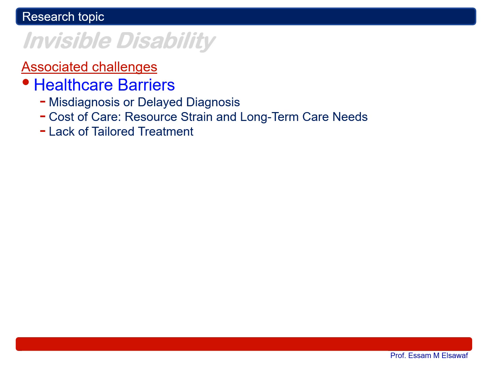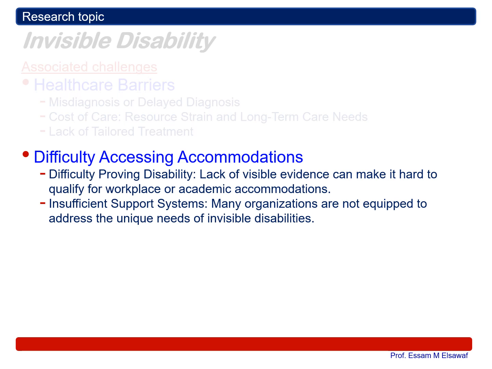For example, difficulty proving disability, since lack of visible evidence can make it hard to qualify such persons for workplace or academic accommodations, as well as insufficient support systems. Many organizations are not equipped to hire such persons or address the unique needs of invisible disabilities, plus the emotional and psychological impact, and stigma and bias, workplace challenges.